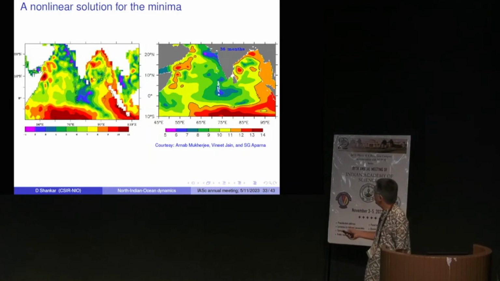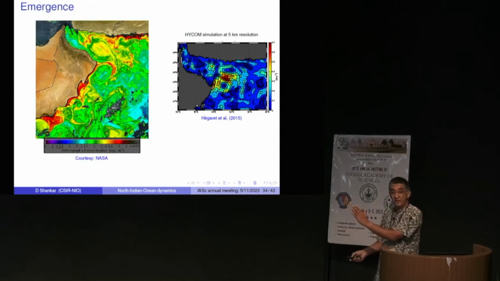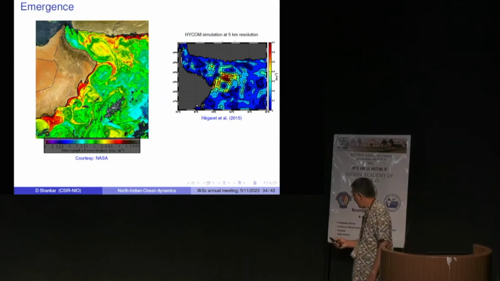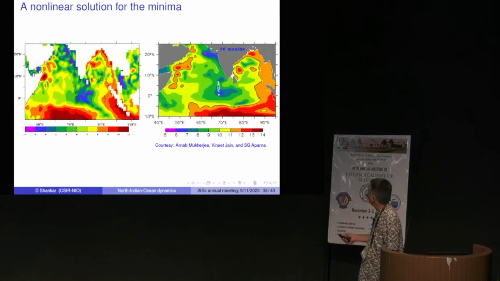So this is emergence. And why is it happening? Because of Oman, you don't see that smooth Ekman drift that the linear model picks. You are seeing these kind of squirts and jets that you get in a nonlinear system. But it is the instability of this linear current along the coast of Oman that is producing these blobs.